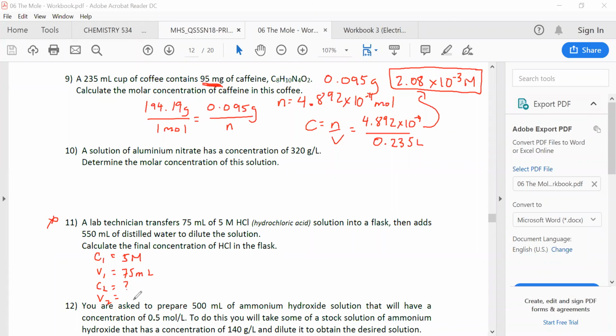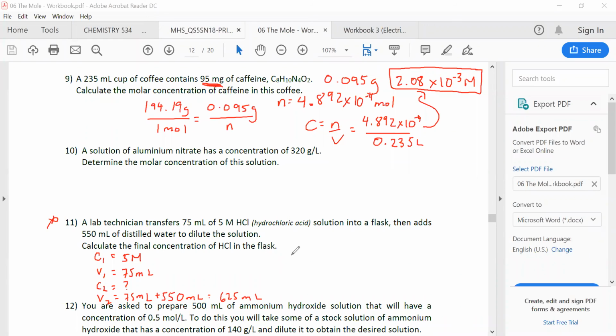And I know that with volume 2, it's the sum of the original amount added to whatever amount you diluted it by. So in this case, you have 75 ml plus the 550, which ends up giving you 625 milliliters of solution.